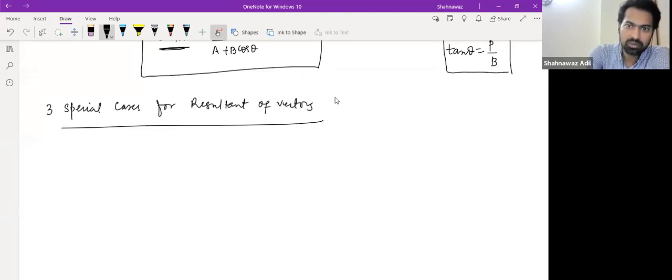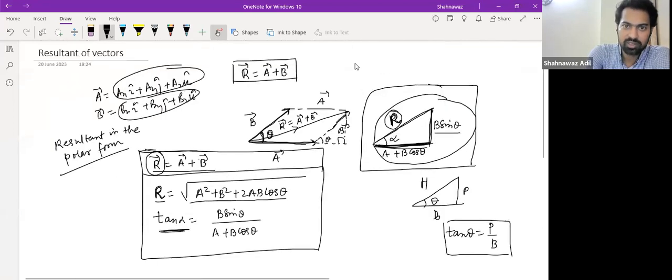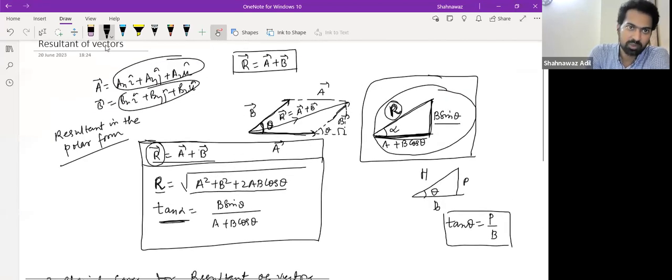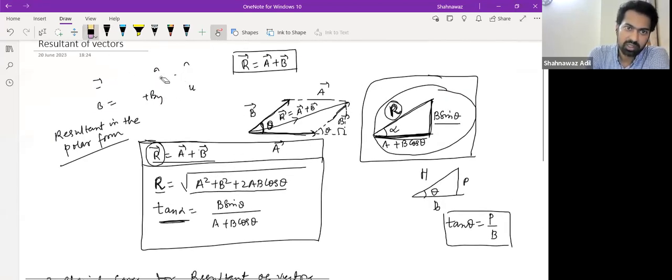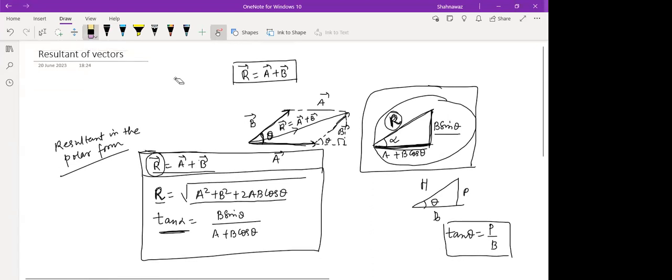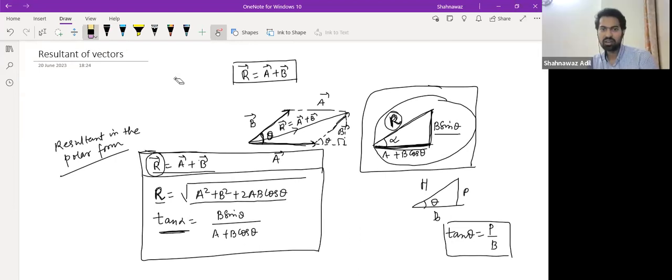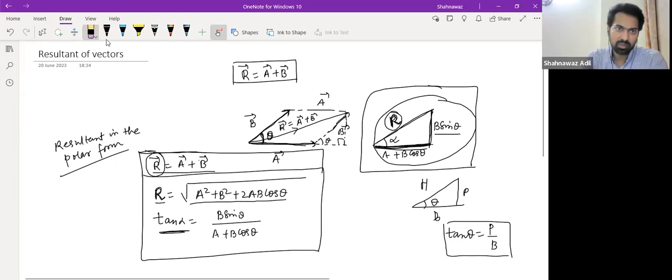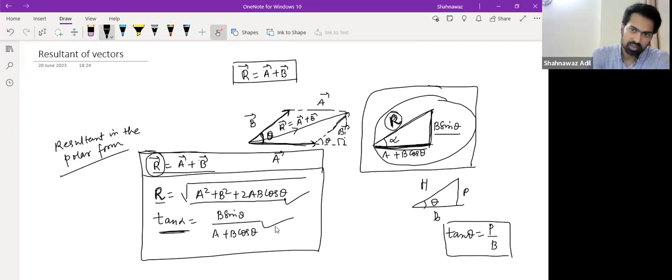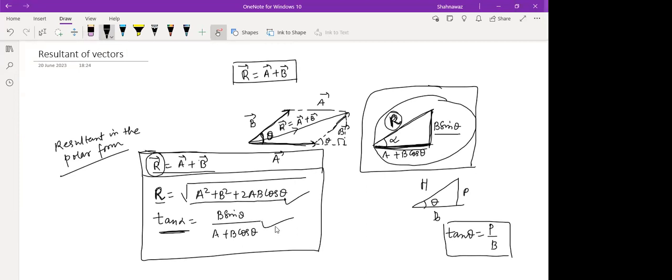Before I do that, please quickly move down. Forget this part and quickly move down this part. So whenever I ask you resultant, just remember this part and this part.